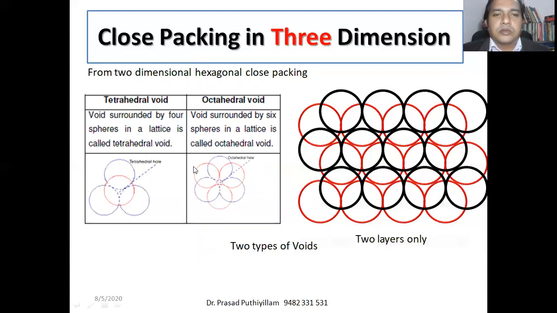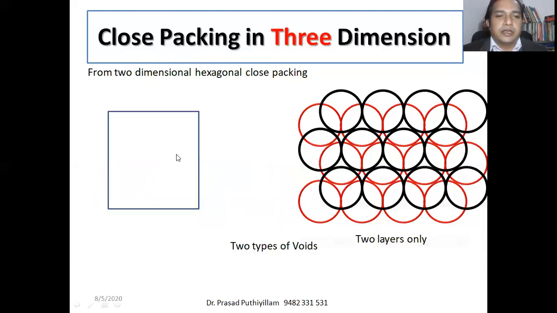So there are two types of voids which are formed, the tetrahedral void and the octahedral void. The tetrahedral void is the void surrounded by 4 spheres in a lattice, whereas the octahedral void is a void surrounded by 6 spheres in a lattice. So here there are 4, here it is 6.